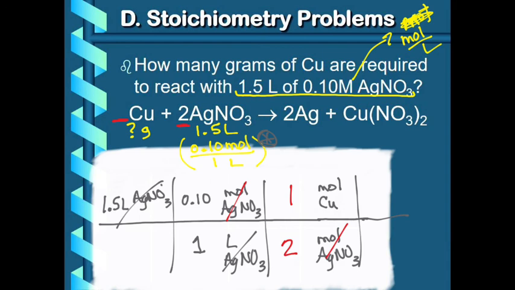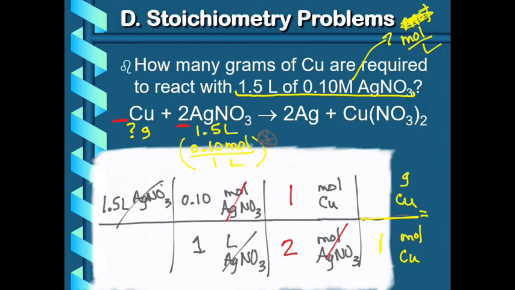Now we're ready to go back to grams, so we can go from moles to grams. So we've got moles of copper here at the bottom and grams of copper on top.